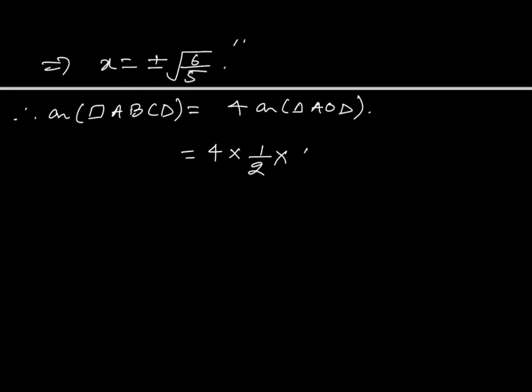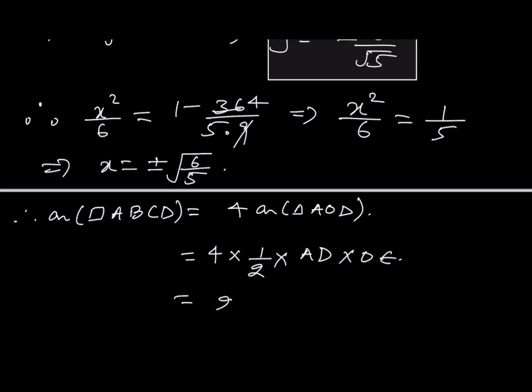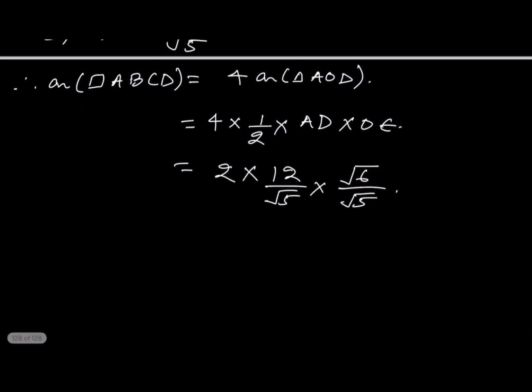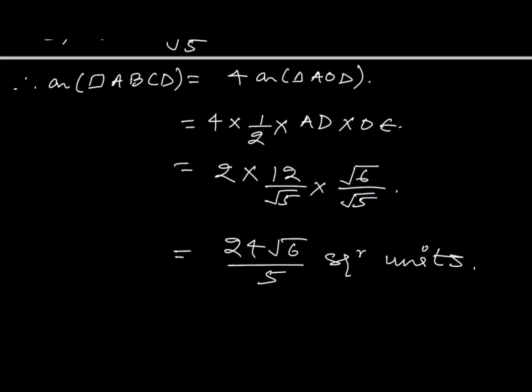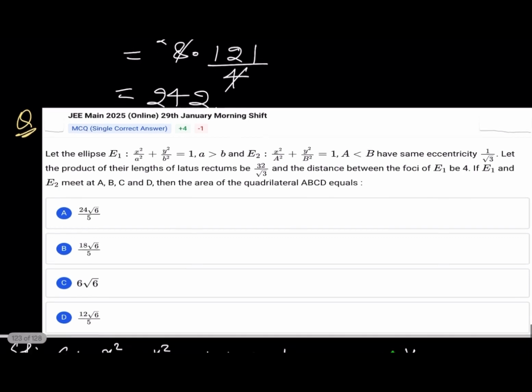Base is AD and height is this. Let's say this is OE, means 2 into AD. AD is 12 by root 5 into height root 6 by root 5, which is 24 root 6 by 5 square units. This must be one of the given options. 24 root 6 by 5.